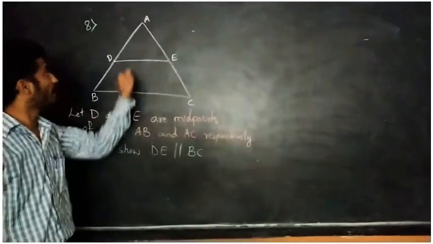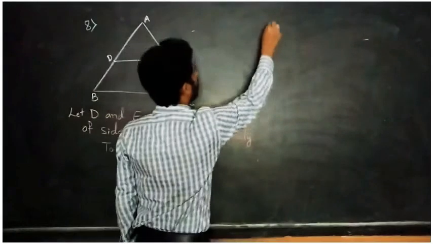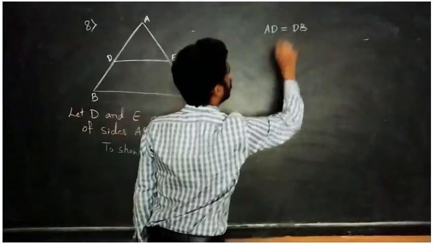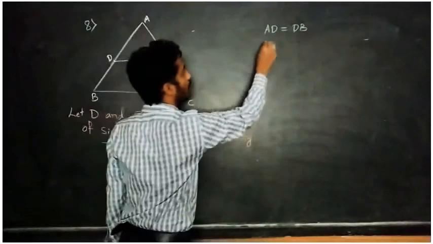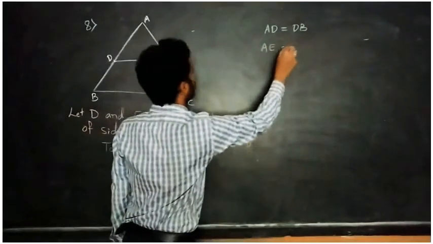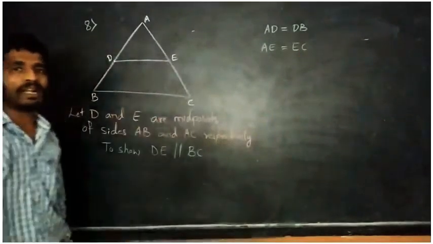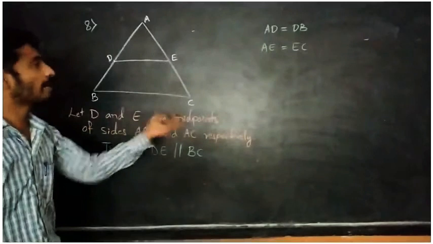So let's see first. D is the midpoint of AB. So if D is the midpoint, then AD equal to DB. Similarly, AE equal to EC. Why are these parts equal? Because D and E are midpoints.